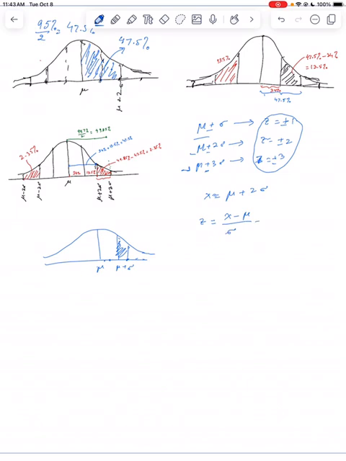In place of x, I replace it by mu plus 2 sigma, so mu plus 2 sigma minus mu, whole divided by sigma. Mu and mu cancel out, and we are left with 2 sigma over sigma. Sigma and sigma cancel out, so I am left with 2. In the same way, if you put any of the other 5 values, we get plus or minus 1, plus or minus 2, and plus or minus 3.